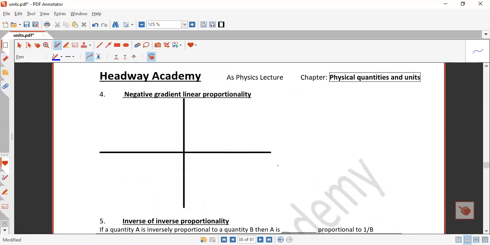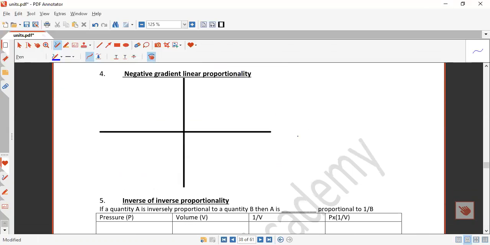Now, negative gradient linear proportionality. It is actually like y equals negative mx, right? Or I can give you an example, y equals negative 2x, or simply y equals negative x as well, right?